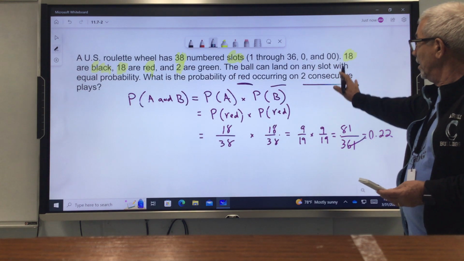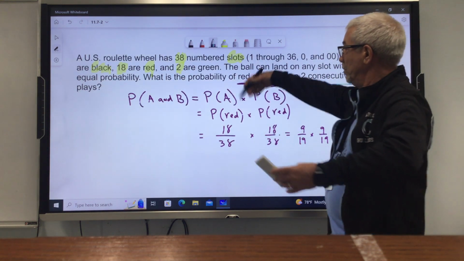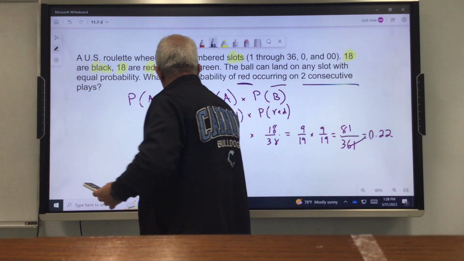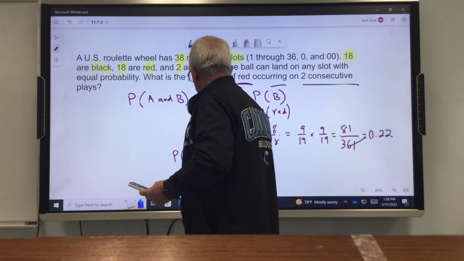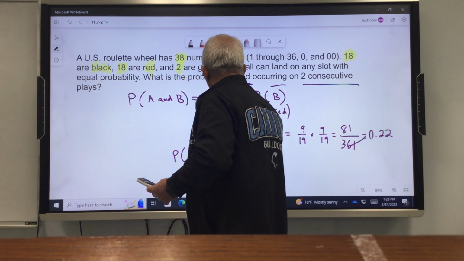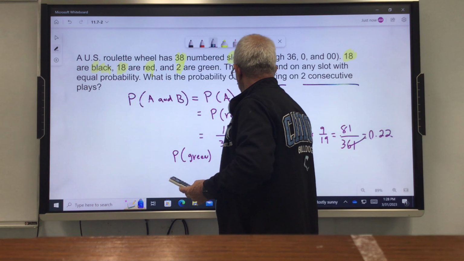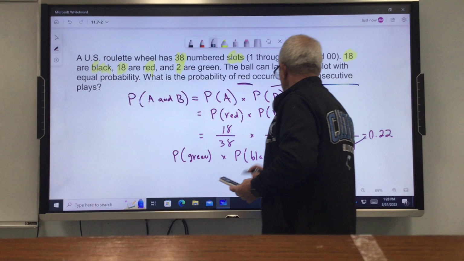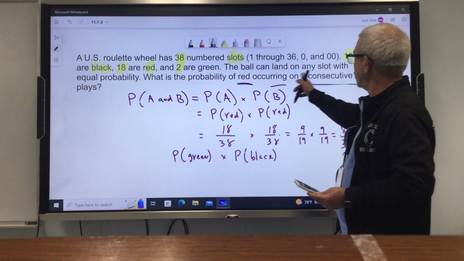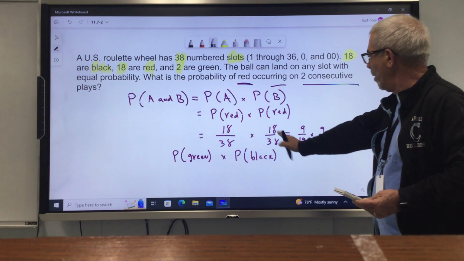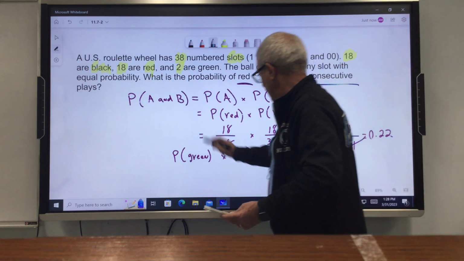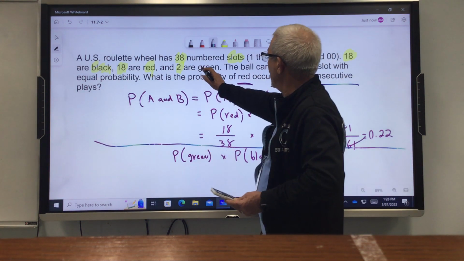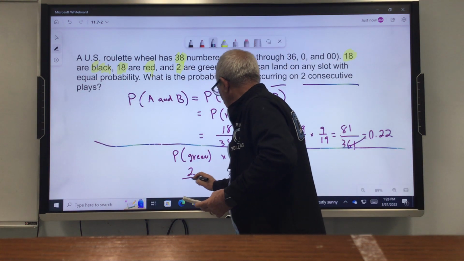This is red consecutive. Imagine another example: they want the probability of one green and one black, not two reds. This is a different example. How many green do we have? We have 2, so that is 2/38.